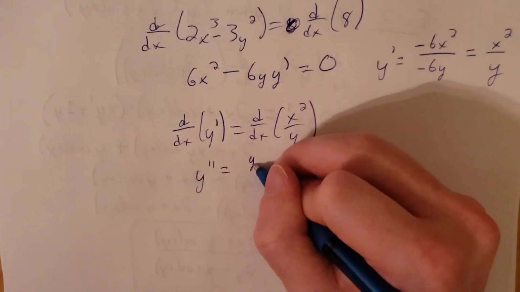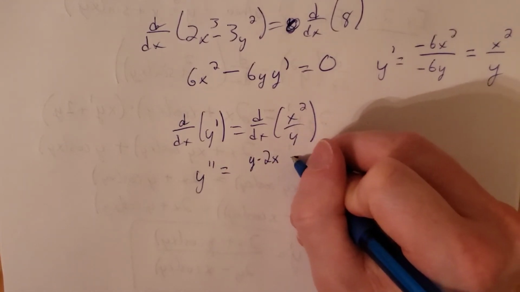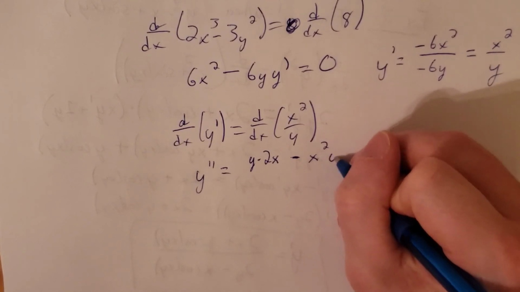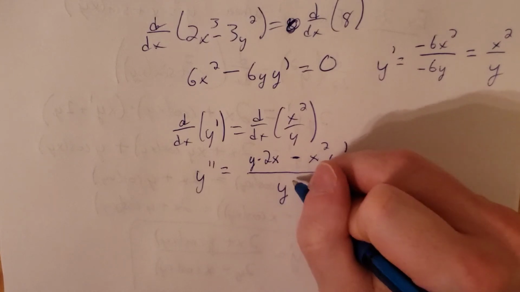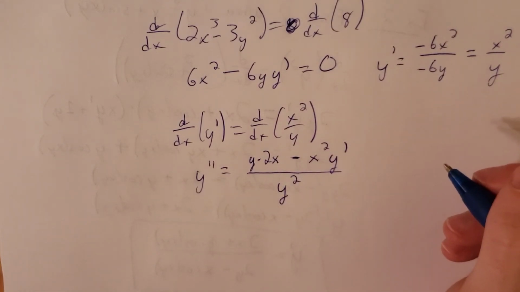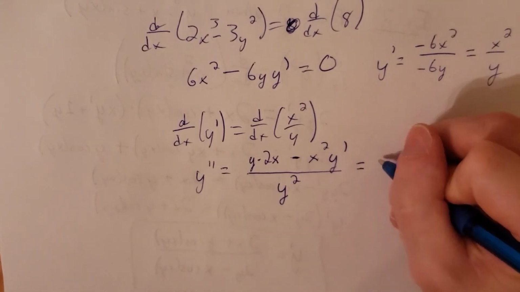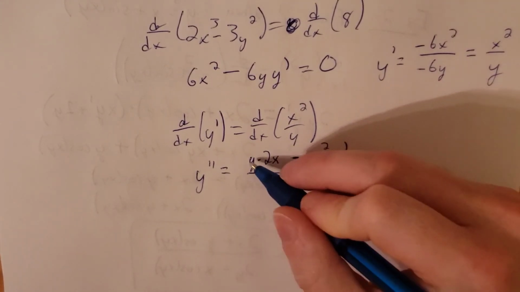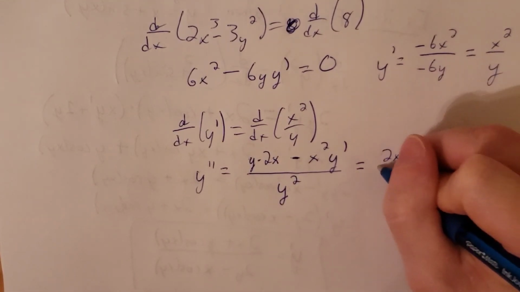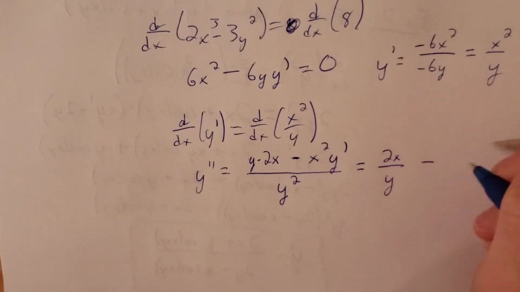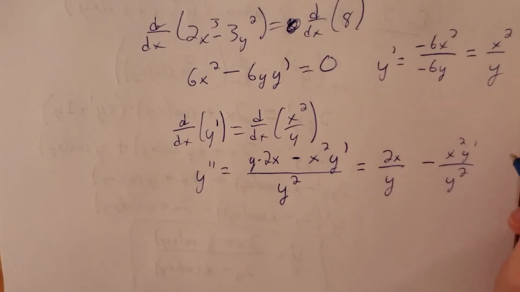So that is the denominator y times the derivative of the numerator minus the numerator times the derivative of the denominator, all over the denominator squared. We can separate this fraction. y over y squared reduces to just a 2x over y here, minus x squared y prime over y squared.